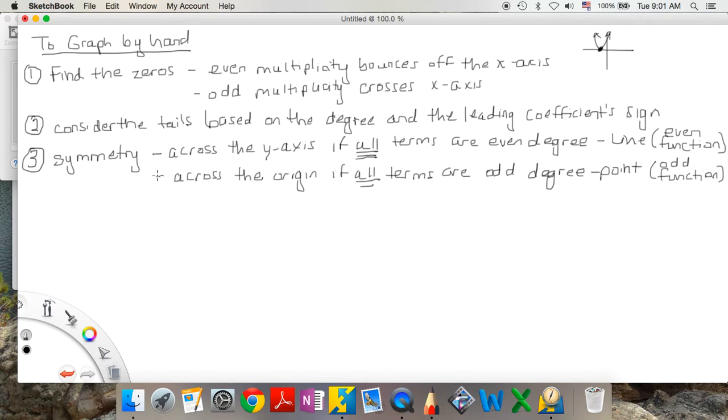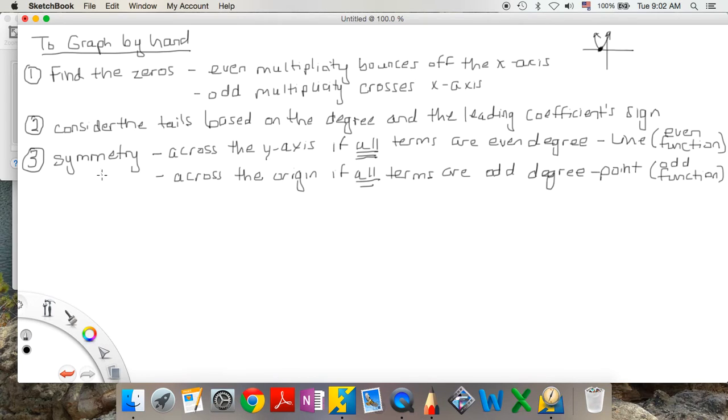So you look for that symmetry to help you. Like with a parabola, if you're looking at x squared, then if you get one side of it, you know that you've got the other side. You just have to make a mirror image, because we know that it has line symmetry across the axis of symmetry through the vertex.